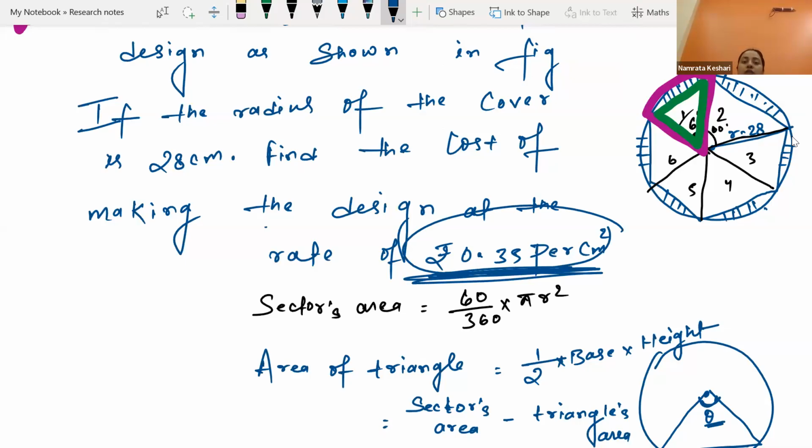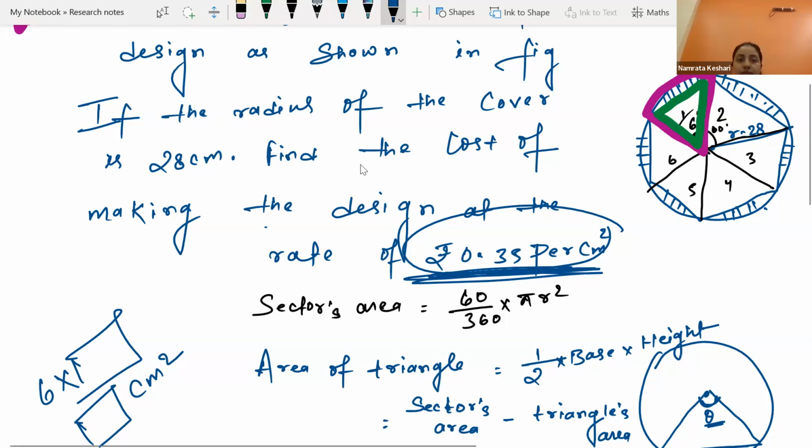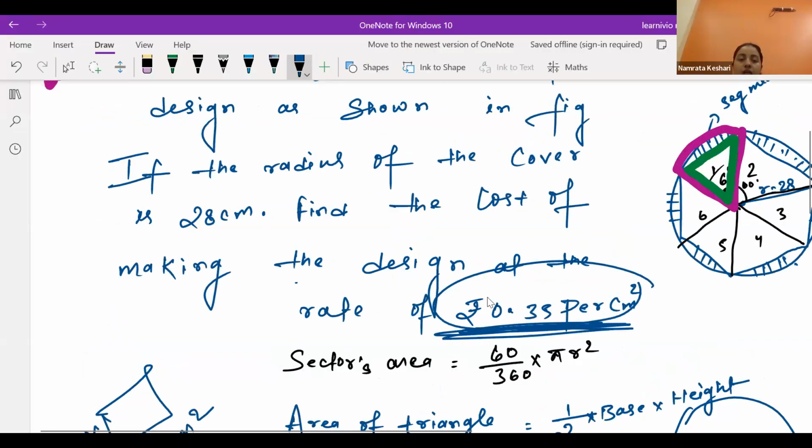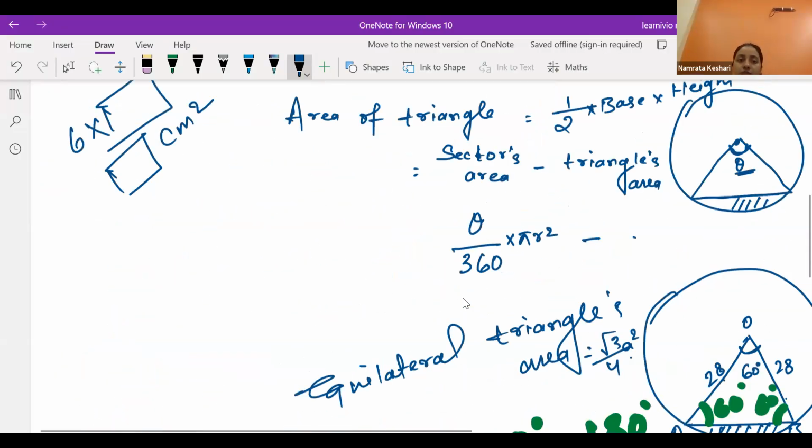Okay, 0.35 per centimeter square. If the cost is this, then what is the total cost? So we will first multiply by 6 to find the total segment area and after that find the cost accordingly. The cost of 1 centimeter square is given as 0.35. Whatever our total area will be, we will find the cost of that many centimeter squares. Am I making sense to all of you? Yes. Yes, ma'am. Everyone got it. So you have to do it by yourself.